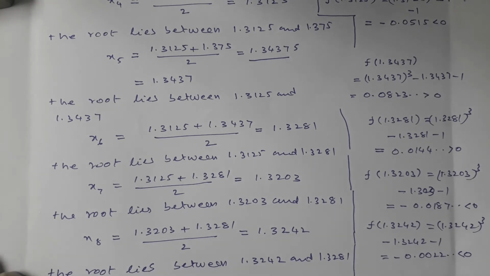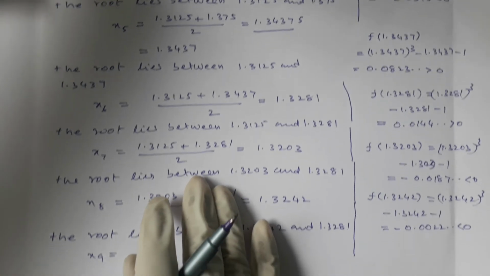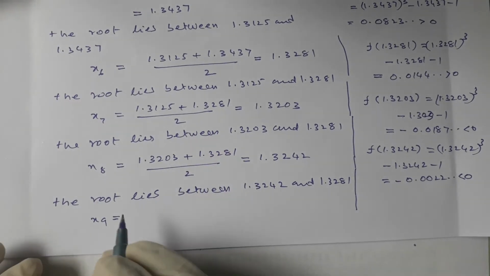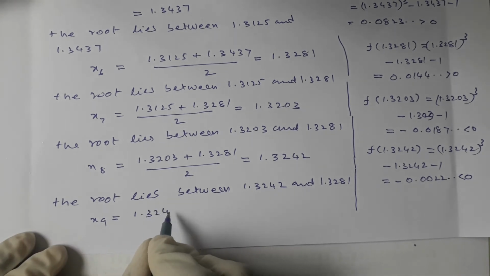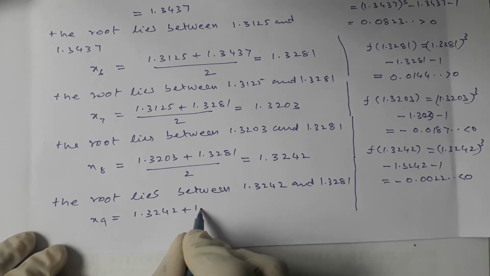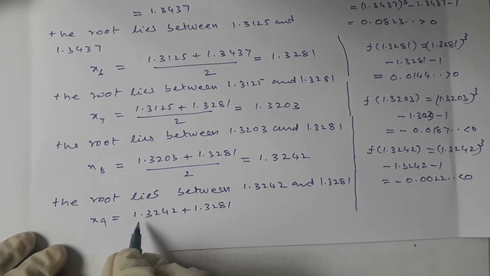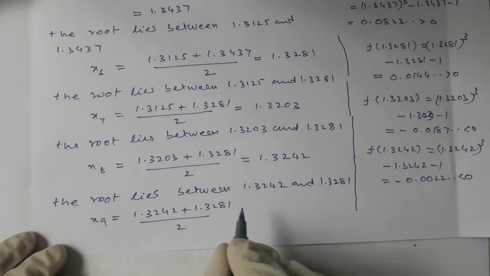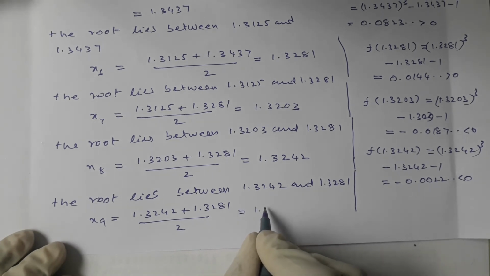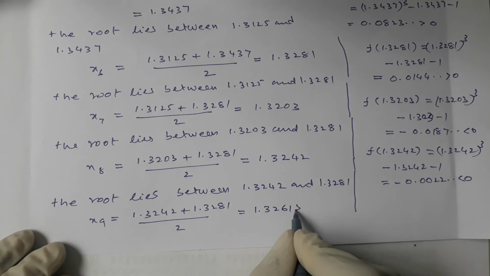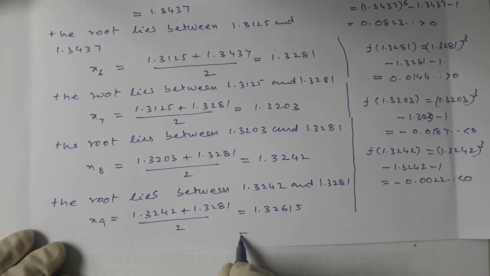So x9 is equal to 1.3242 plus 1.3281 divided by 2, which is 1.32615.